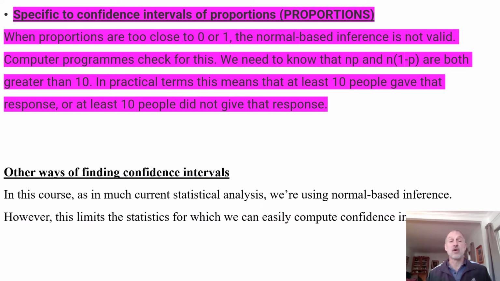Okay, I've promised to come back to this. Specific to confidence intervals of proportions, when proportions are too close to 0 or 1, the normal-based inference is not valid.